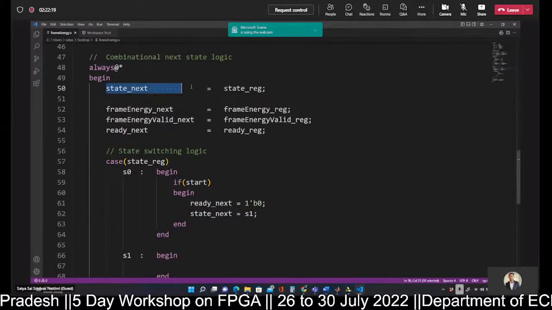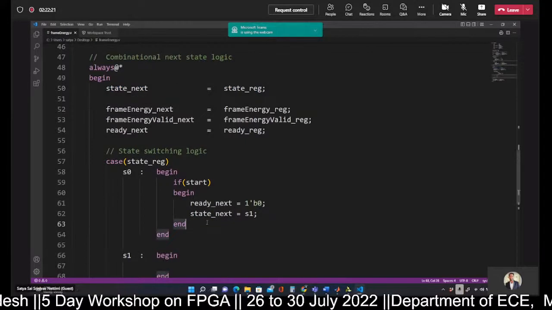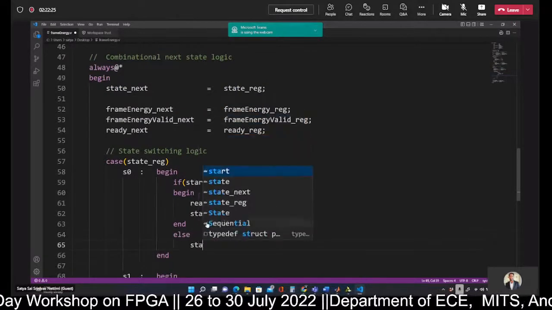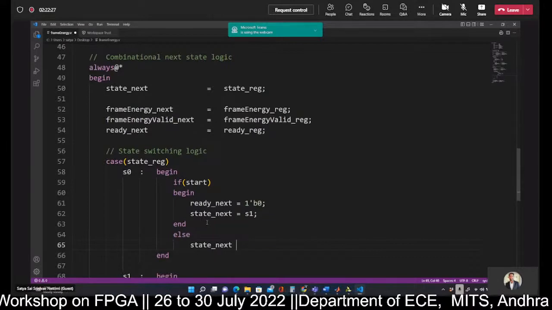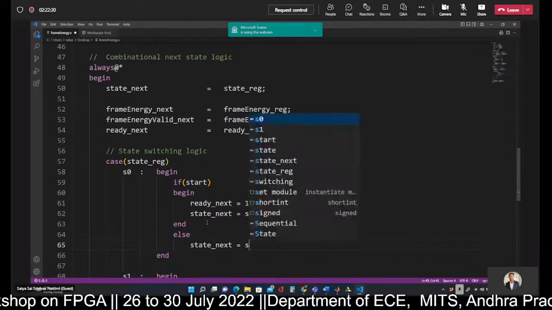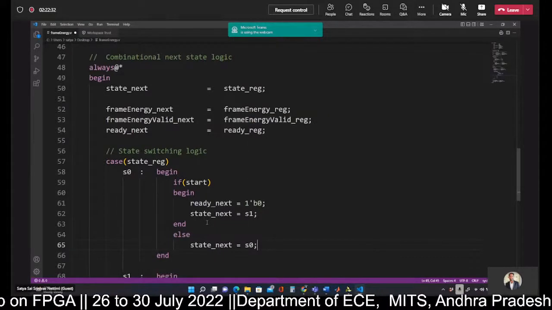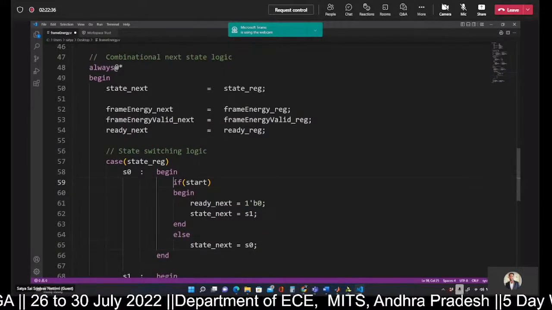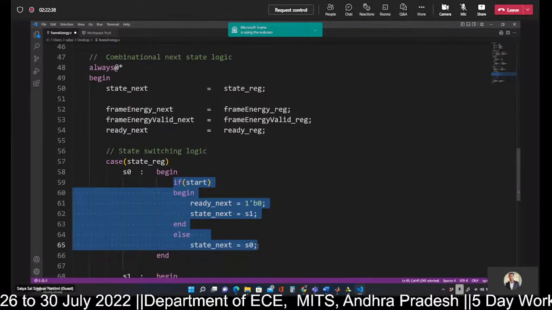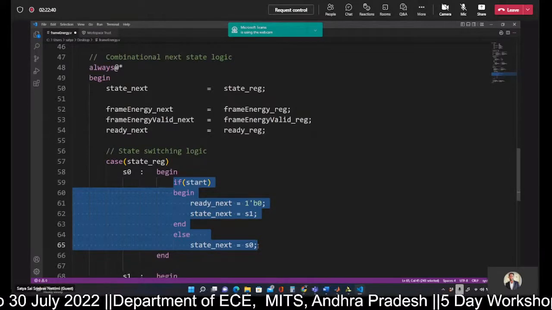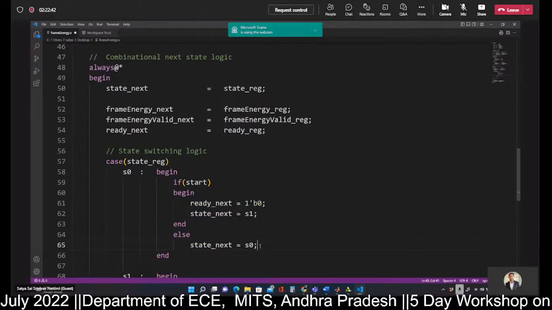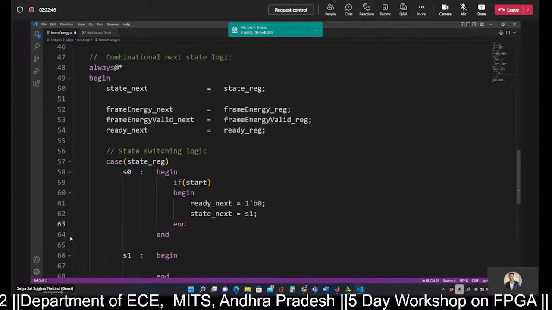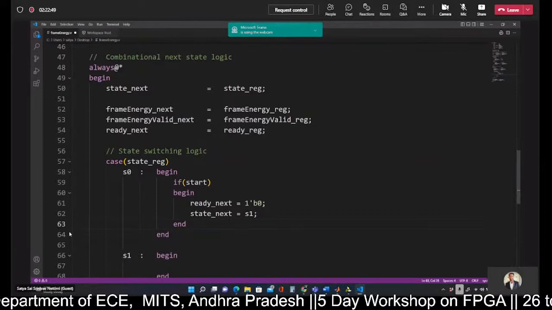So if you don't want to write it here, then you have to define all conditions over here. Else, state next equal to 0. You have to define everything like this. If you write like this every time, it will always create 2:1 muxes. If you write if and else, extra logic overhead will be created.